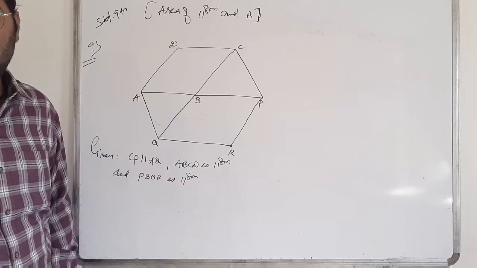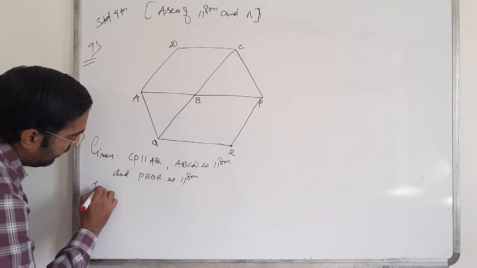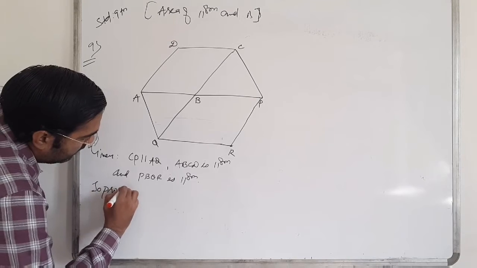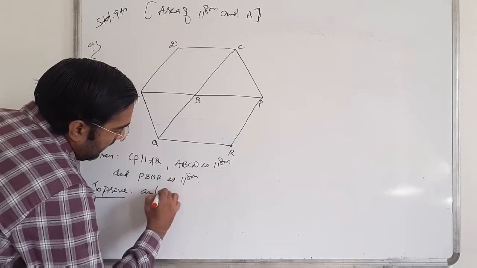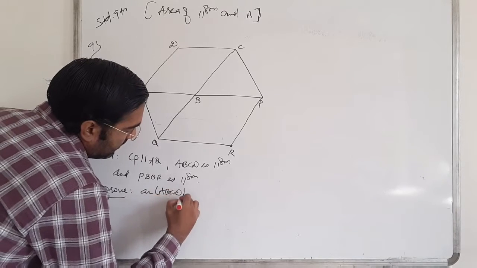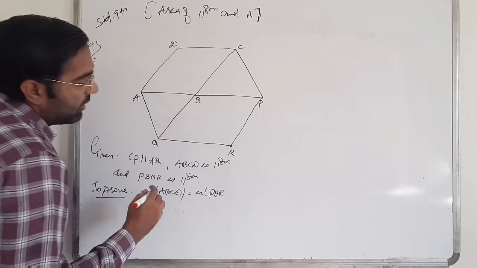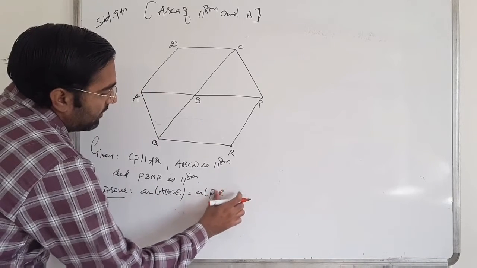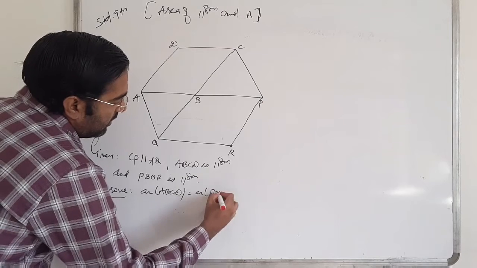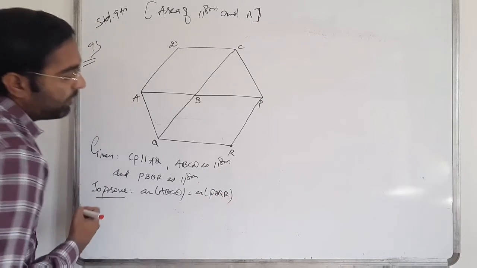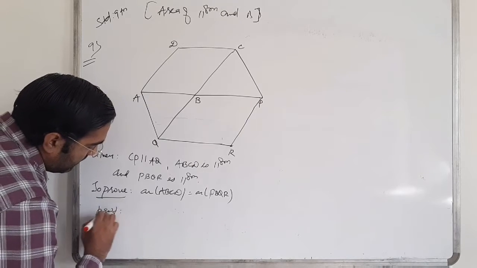Now we have to prove that area of ABCD is equal to the area of PBQR. So let's start the proof.